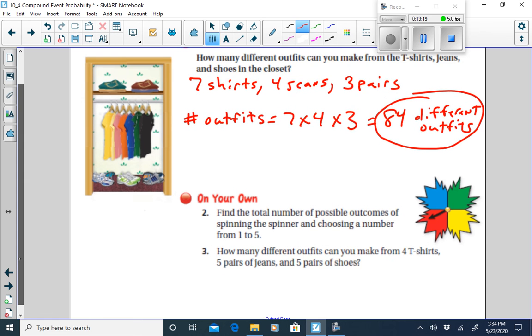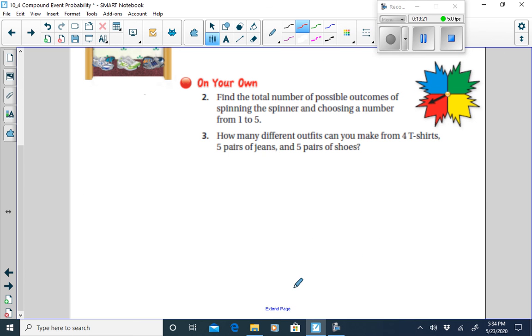Let's continue. All right, a couple more questions here. Find the total number of possible outcomes of spinning the spinner and choosing a number 1 to 5. Let's take a look at the spinner to the right. There are 1, 2, 3, 4 different possible outcomes for the spinner. So for question 2, we have 4 spinner outcomes.